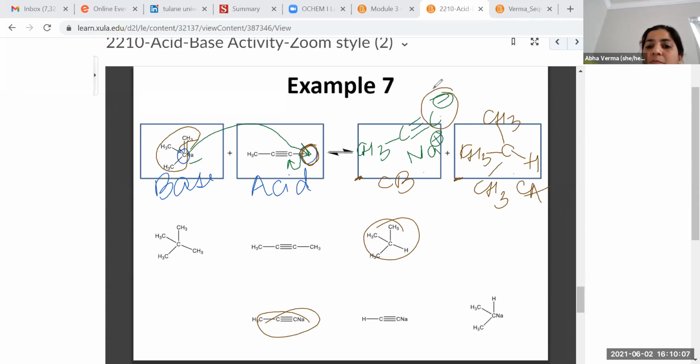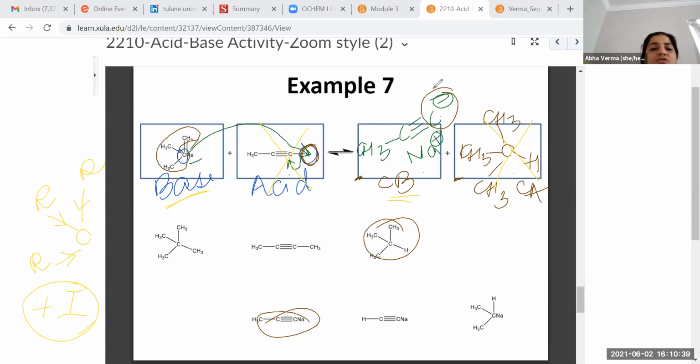The next part is prediction. You do not need to look at the acids. You just need to look at the conjugate bases. Now, the problem with this base is it has a plus I effect. What is a plus I effect? For a carbanion, it is getting electrons from all its surroundings. Remember, all alkyls have positive inductive effects.